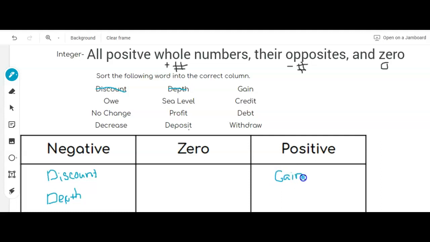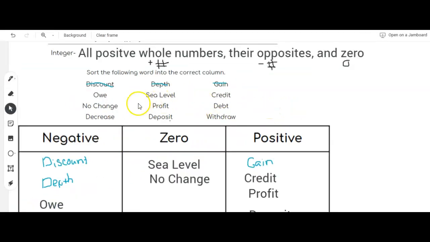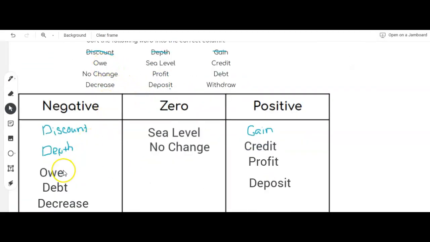Okay, pause the video, go ahead and put each of these, the ones that are left, into the appropriate column. When you're done, unpause the video. So you should have kept going. Owe, it means I have to give somebody money, so I'm in negative. It means I need to give someone something else. Sea level is 0. It means I'm right at the sea. That's how we measure depth and height for elevation. Credit means I'm getting money back. Okay.